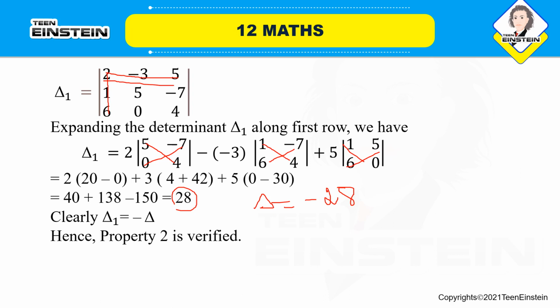What is property 2? If you interchange any two rows or any two columns, then there will be a change in the sign. Here we have interchanged the rows. This property can also be proved by interchanging the columns.